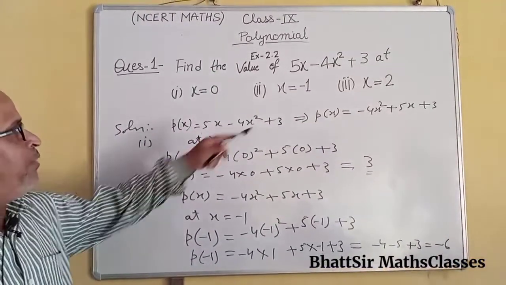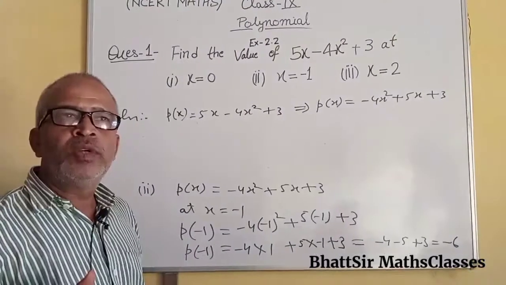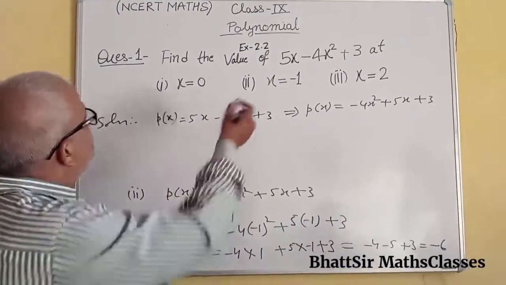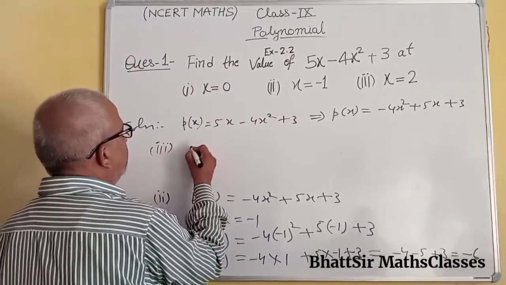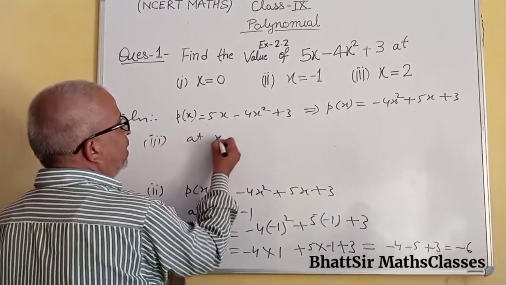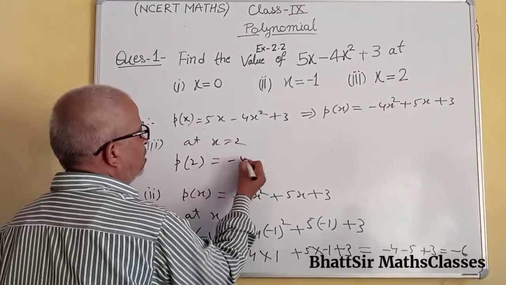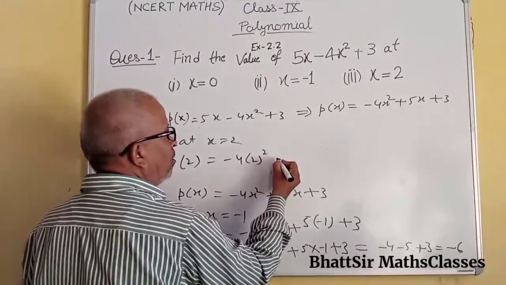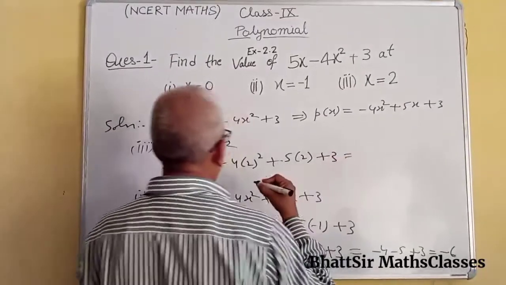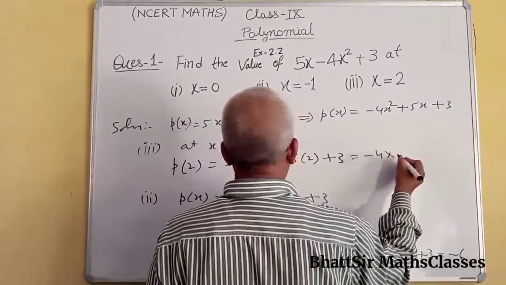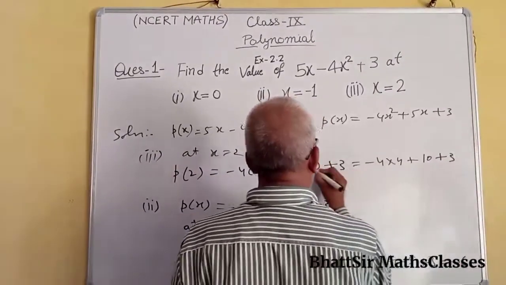Now we have to find the third part, at x equal to 2. So P(2) equal to minus 4 into 2 square plus 5 into 2 plus 3, equal to minus 4 into 4 plus 10 plus 3.